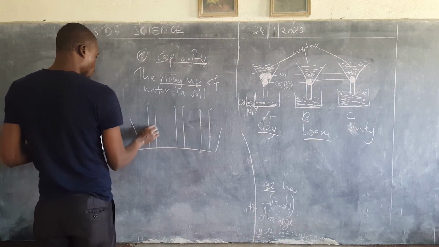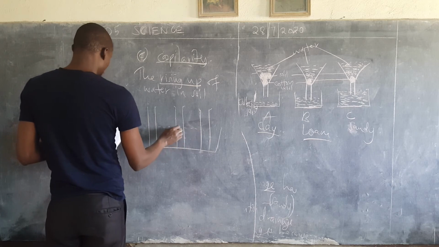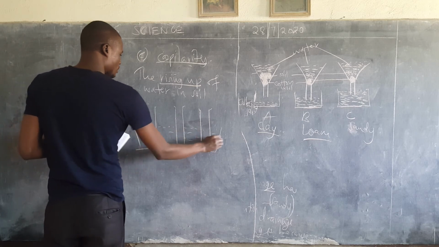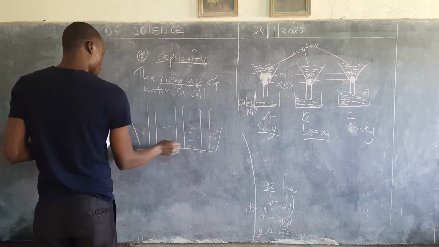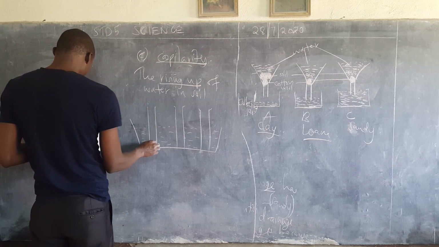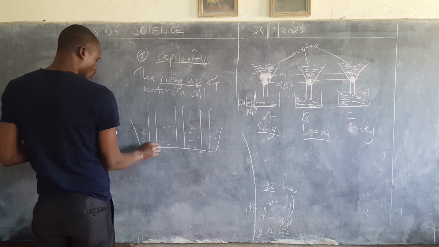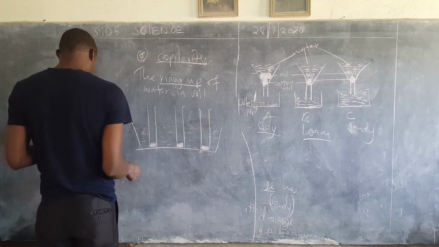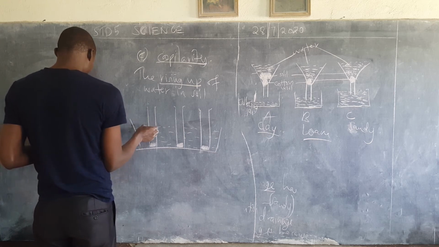And then we have water in this particular basin. And then we have cotton wool. We place cotton wool at the bottom of each jar. And then the level of water, we add the same water.